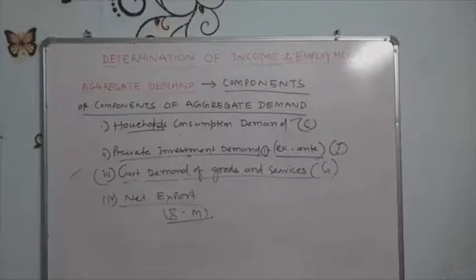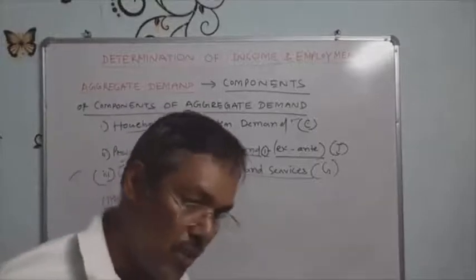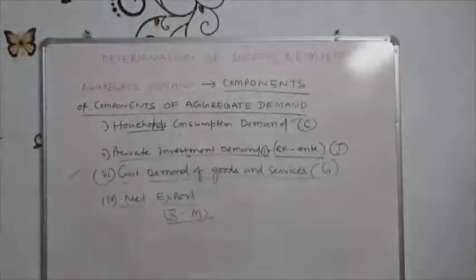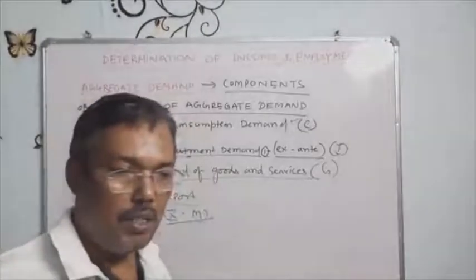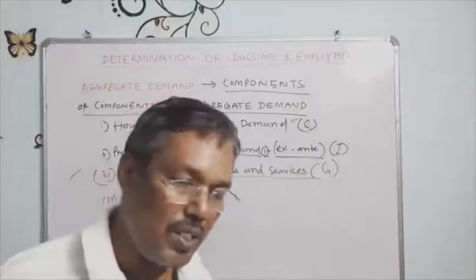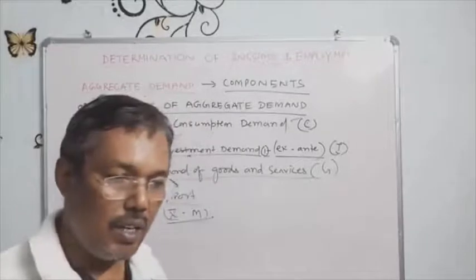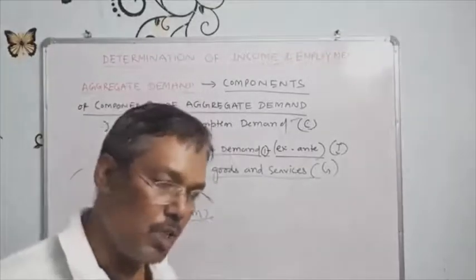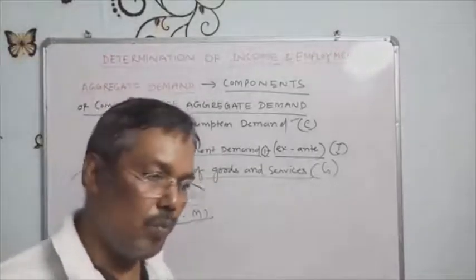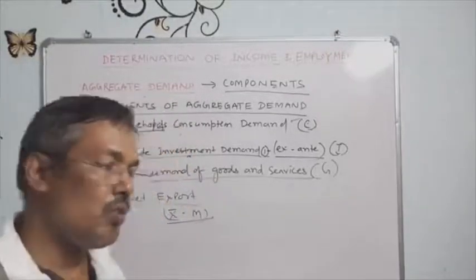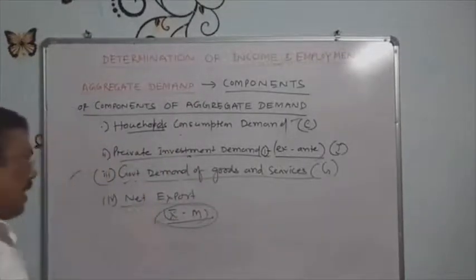It means the goods that we purchase from foreign countries are imports, and the goods that foreign countries demand, produced in our own country and sold in the foreign country, are exports. Whenever exports are more than the value of imports, that difference is known as net exports, that is, export minus import.